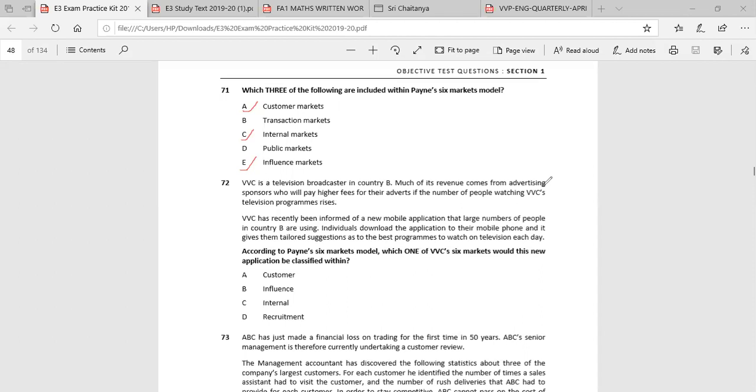BBC is a television broadcaster in country B. Much of its revenue comes from advertising sponsors who will pay higher fees for their adverts if the number of people watching VVC's television programs rises.